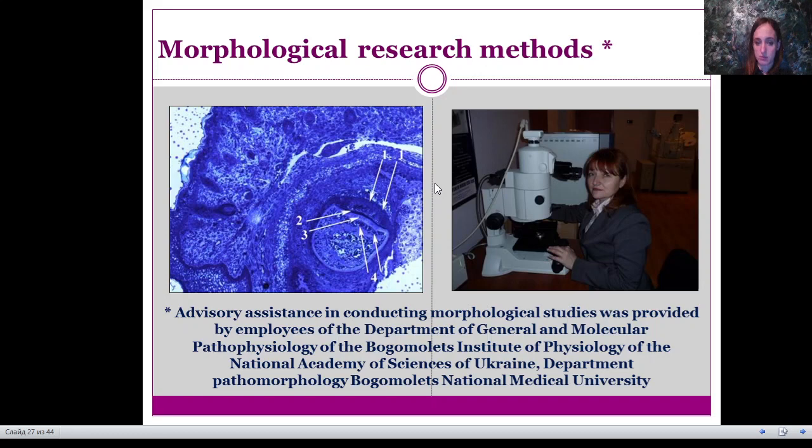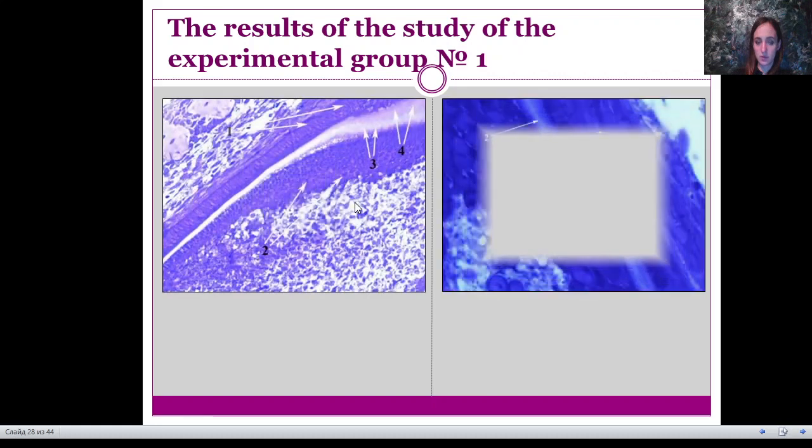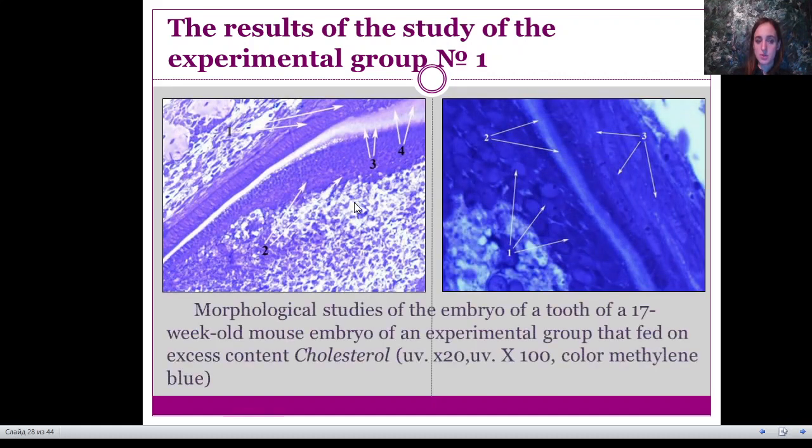We use a microscope, and we can see such preparate. And it is our results of group 1 and morphological studies of the embryo of the tooth of a 17 weeks old mouse embryo of an experimental group that fed on excess content cholesterol.